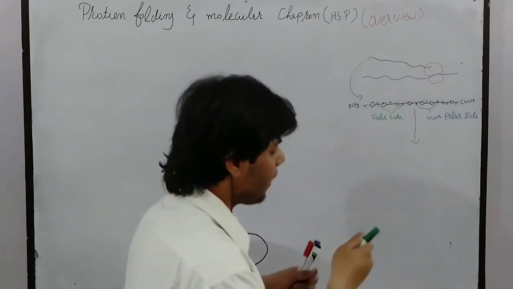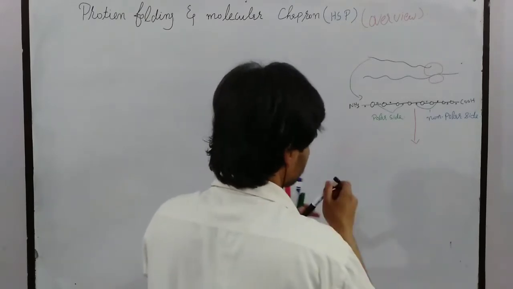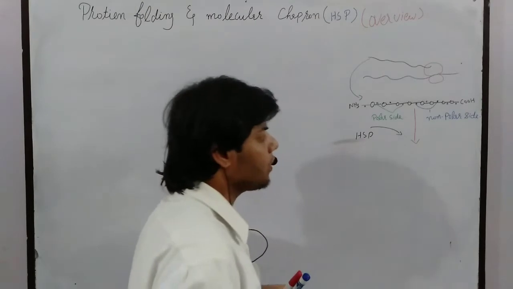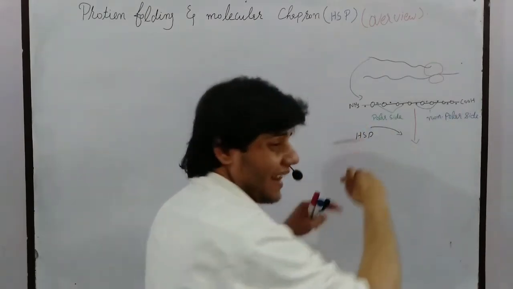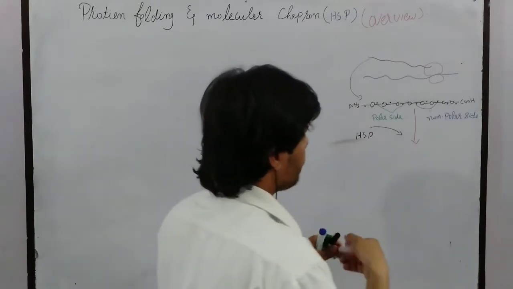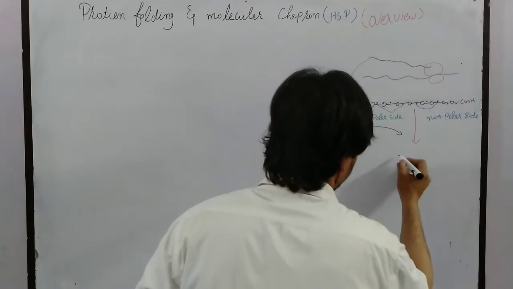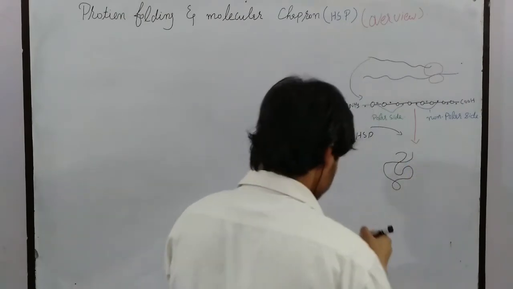So we have a molecular chaperone which is involved in this case. Heat shock proteins are involved, and they will convert this linear chain of amino acids, or linear chain of the polypeptide, into a folded form, or a non-linear form, as you can see.